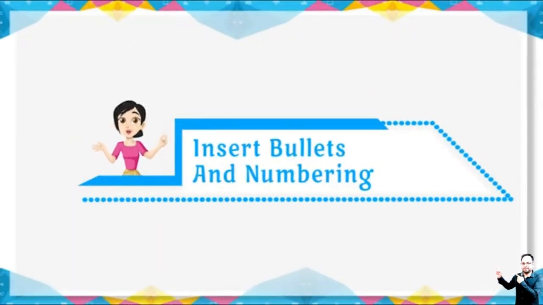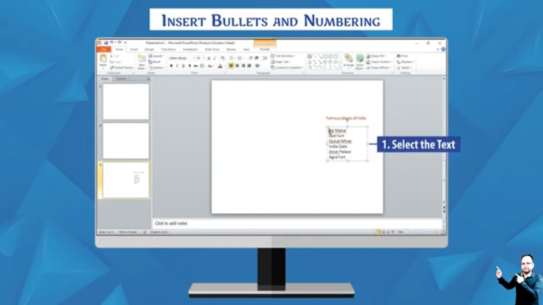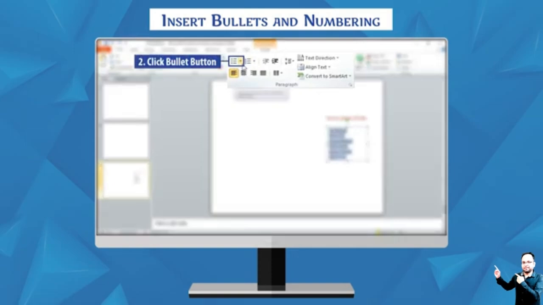Insert bullets and numbering. You can add bullets and numbering to create a list in a slide. To create a bulleted list, follow these steps. Select the text in the slide. Click on Bullet button from the paragraph group on Home tab.